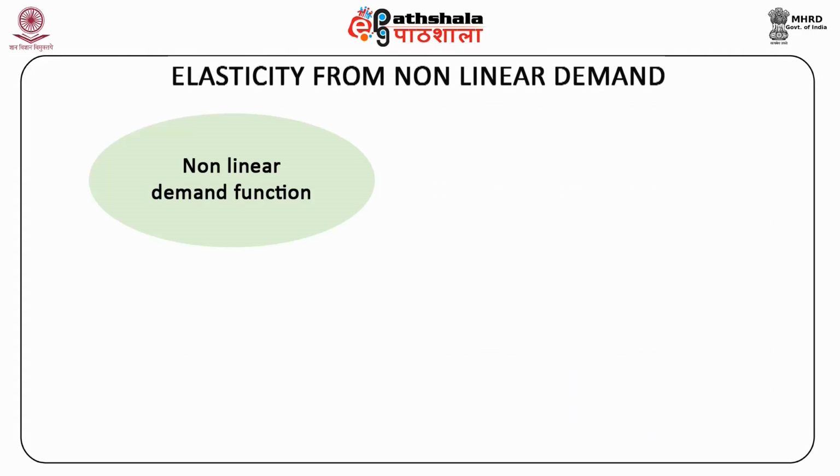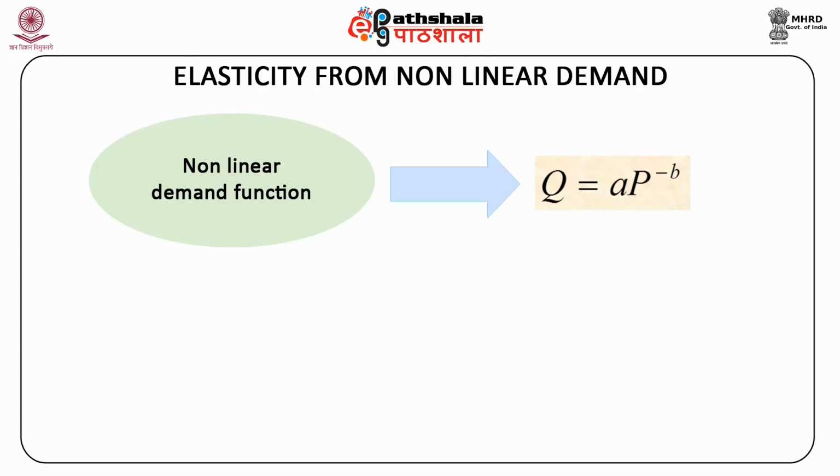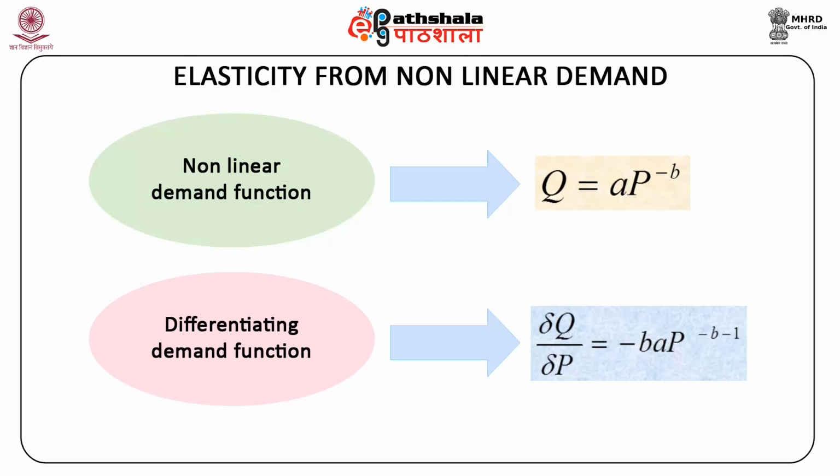Suppose a nonlinear demand function of multiplicative form is given as Q is equal to A into P to the power minus B. By differentiating the demand function, we get delta Q by delta P is equal to minus B into A into P to the power minus B minus 1.